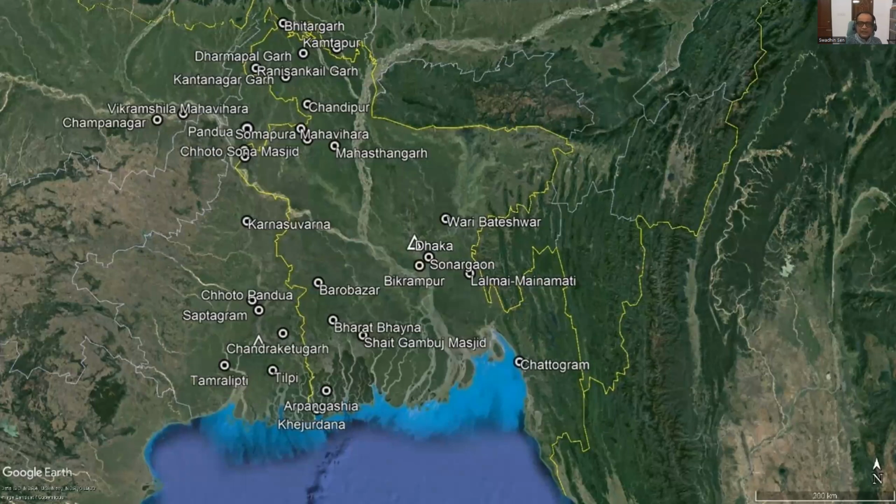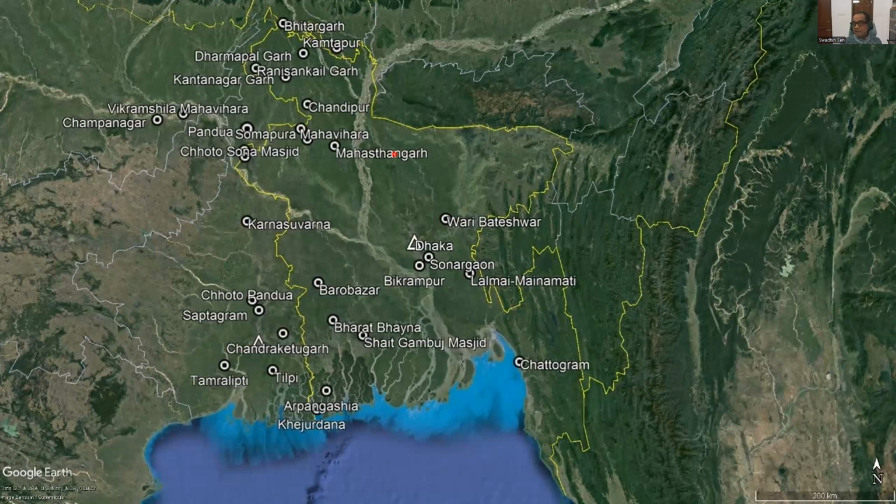Some of the important sites, for example Mahasthan, I will take my spotlight or cursor. This is Mahasthan Gar. We have to differentiate between Mahasthan and Mahasthan Gar. Mahasthan is the region or an area, and Mahasthan Gar is the fortified area, which was probably the Pundra Nagara mentioned in the Mahasthan Brahmi inscription.